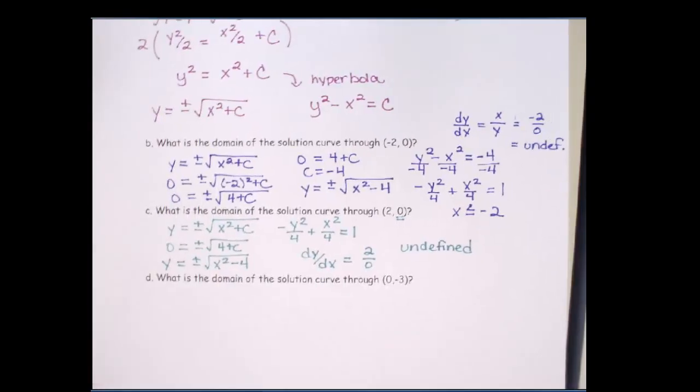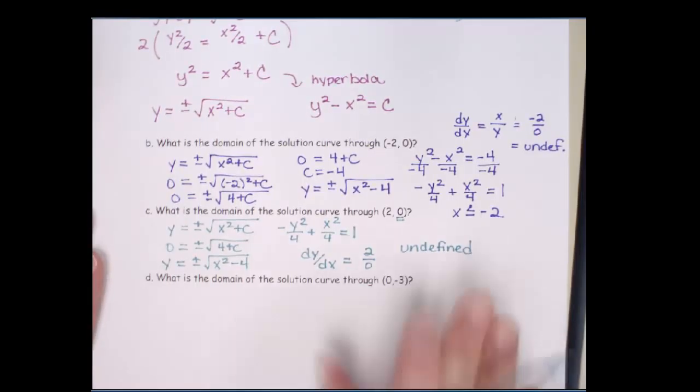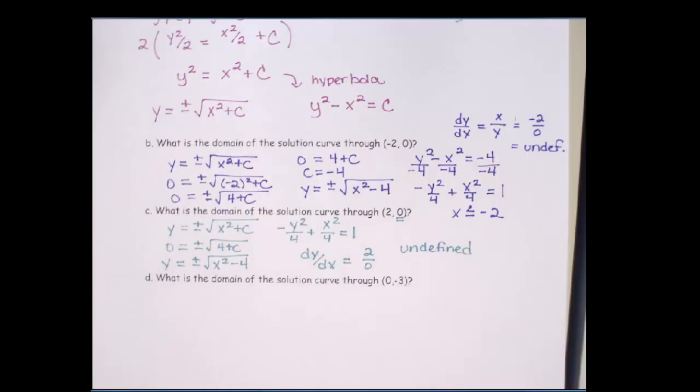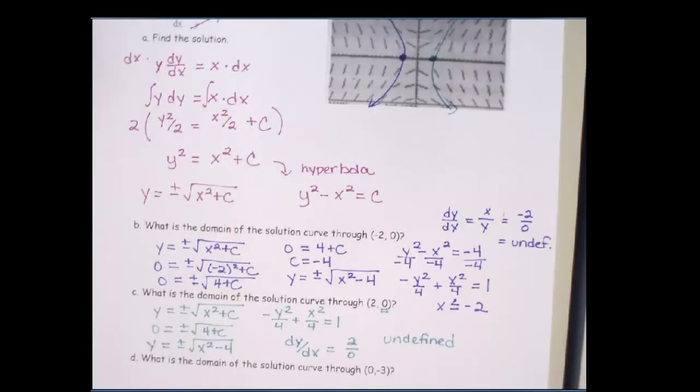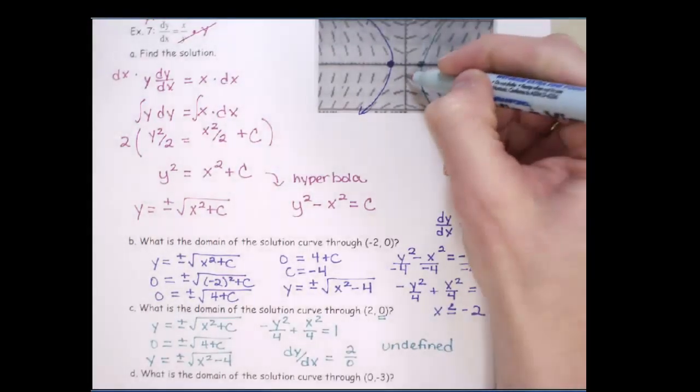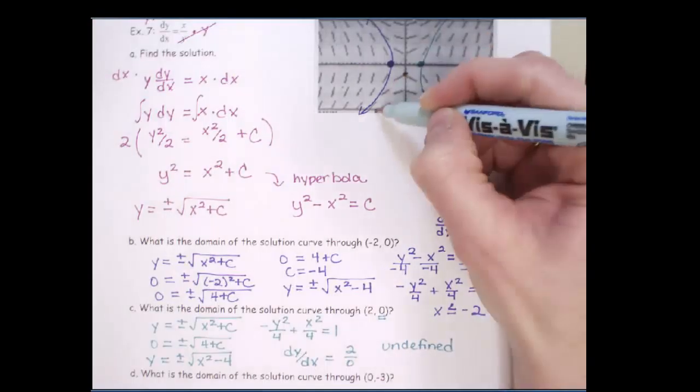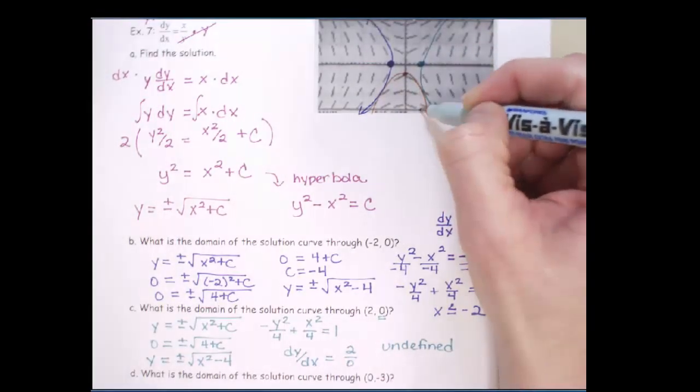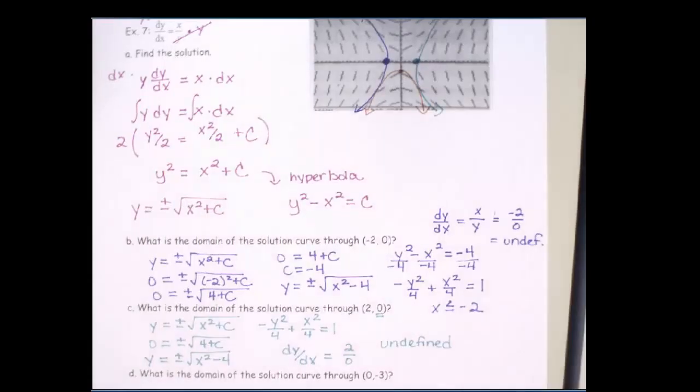Now for the last one, 0, negative 3, we flipped it. We can plug 0, negative 3 into x over y, and we just get back 0, and that's fine. So 0, negative 3, back to the slope field, is down here. So it's going to look something like this if you follow the shape of the graph.